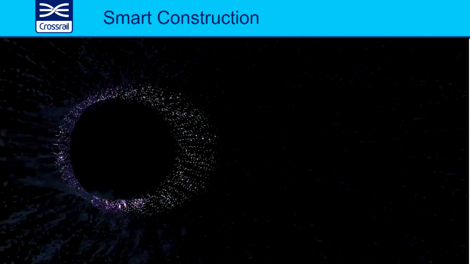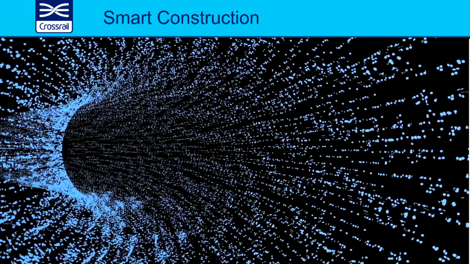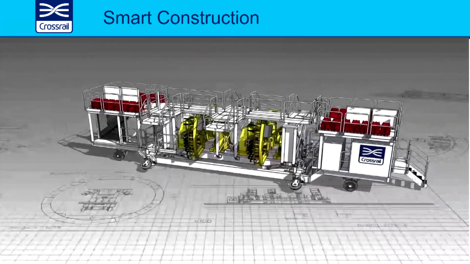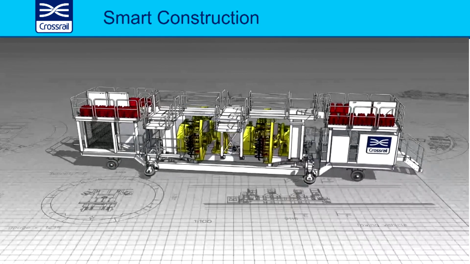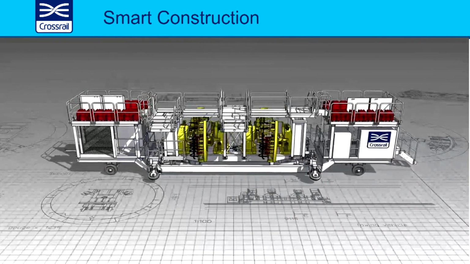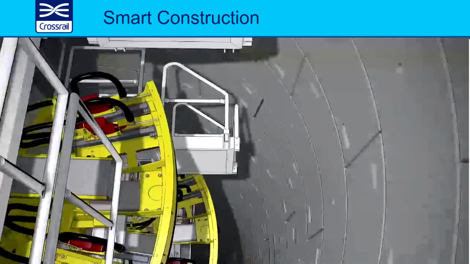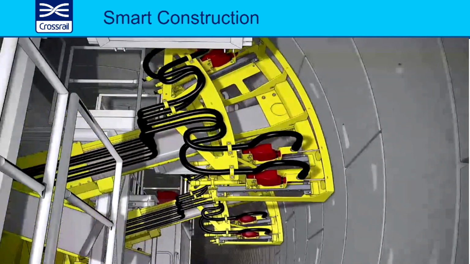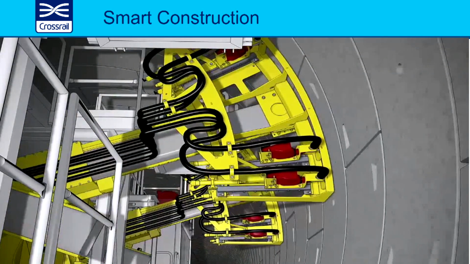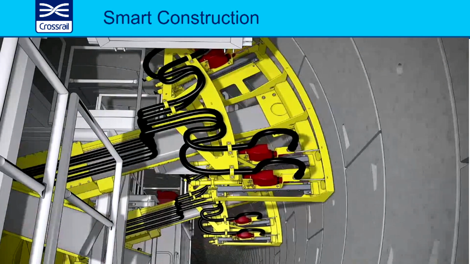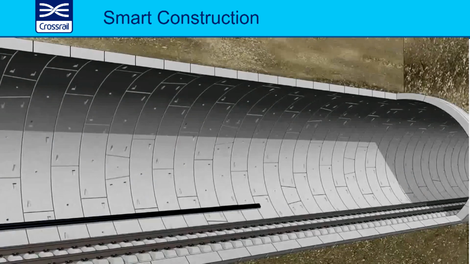This scanned data was then fed into a digital format. All the locations of all the drilled holes were then inputted, and this machine rolled along and drilled the holes exactly where they needed to be, which made the job obviously extremely efficient, accurate, and far, far quicker.